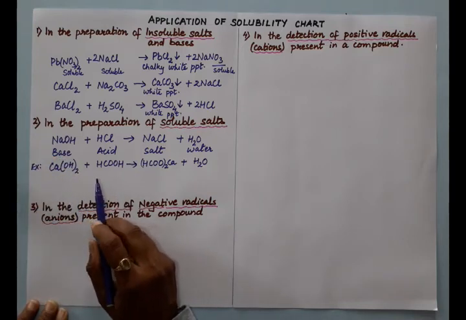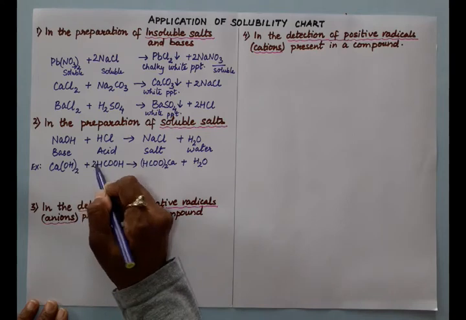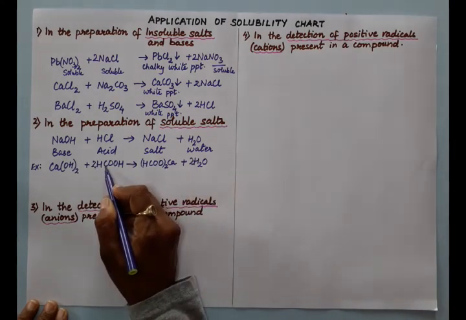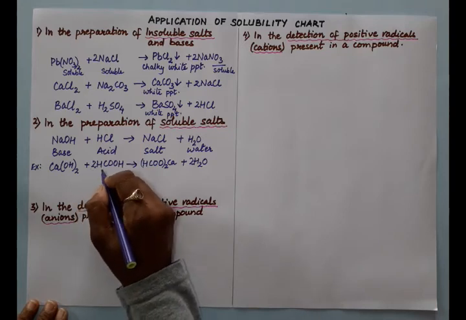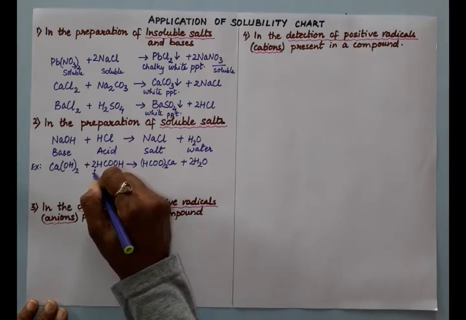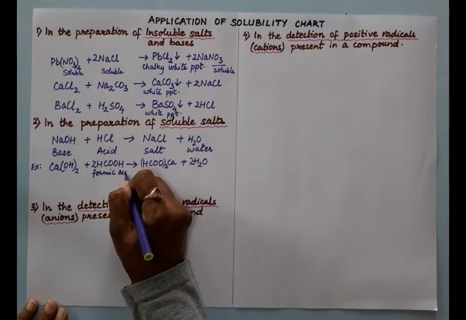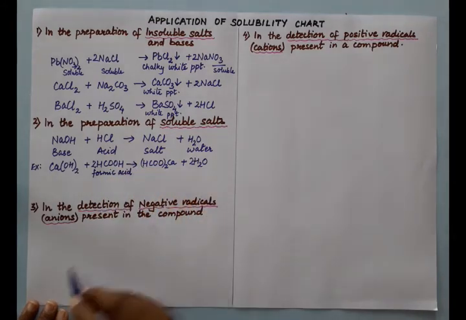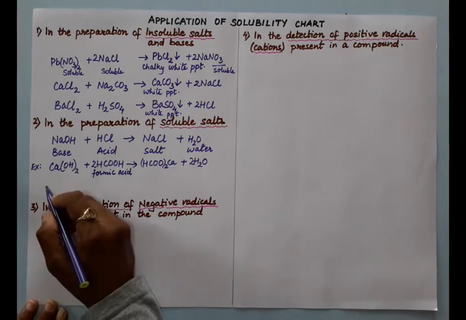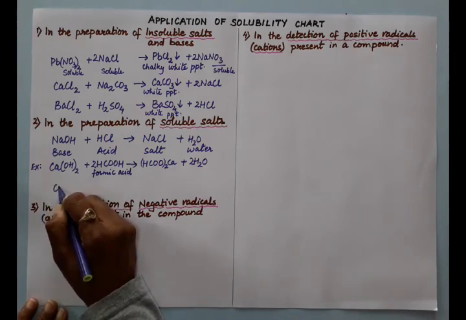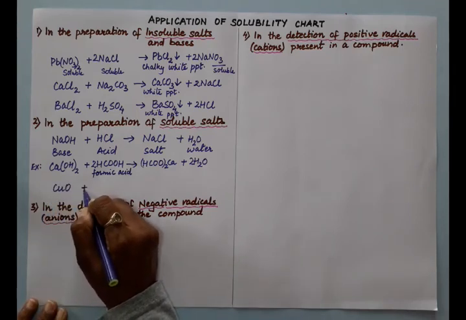So when an ant bites, it leaves formic acid in the skin and if it is rubbed by slake lime, then it neutralizes the effect of the acid and salt is formed.